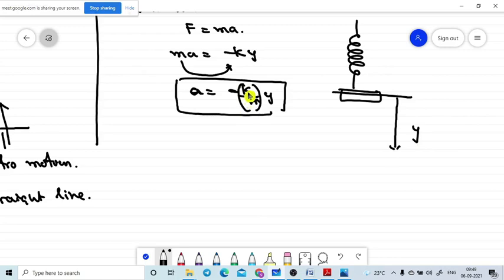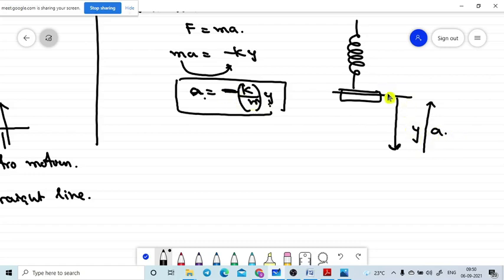If the body is moving in this direction, the acceleration is acting in the opposite direction. Are you getting it from this equation? So the acceleration acts in the opposite direction due to this negative sign.